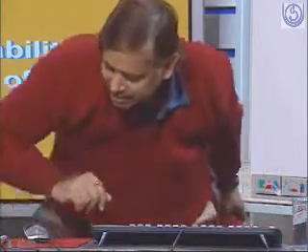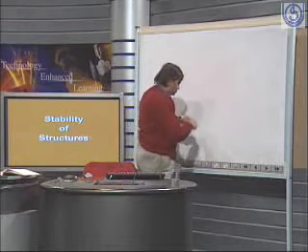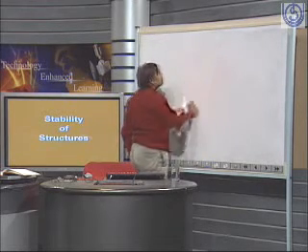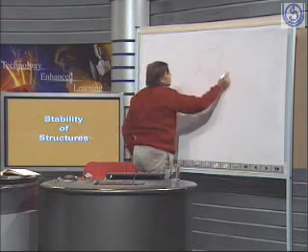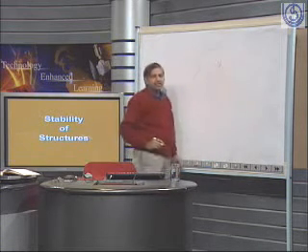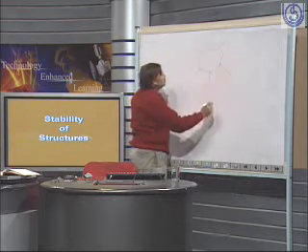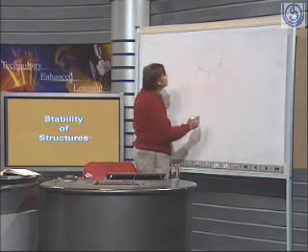So this is quite simple. If you take any structure, any body, and a number of forces are acting on it, and it has to be in static equilibrium, what is the necessary condition?